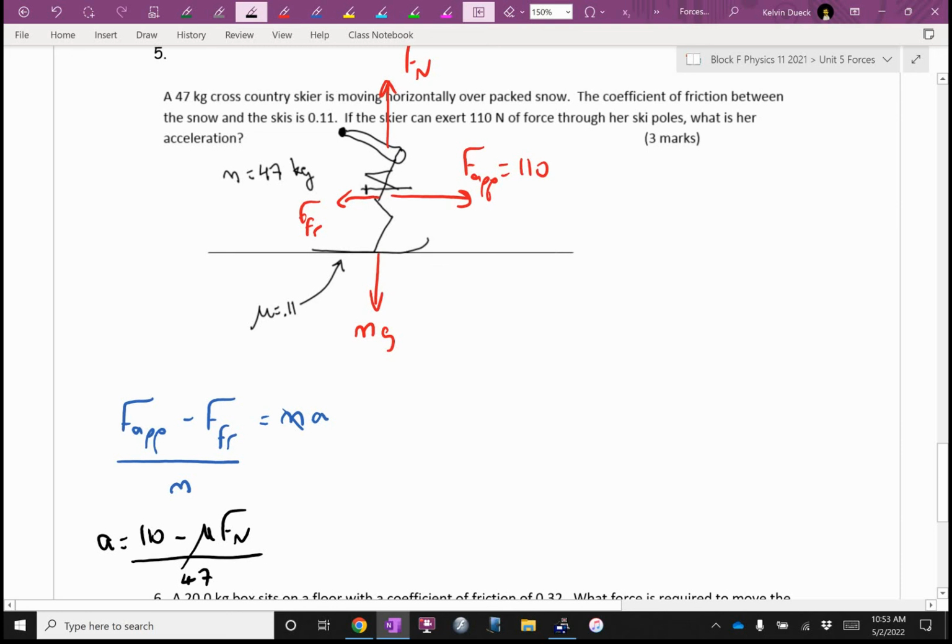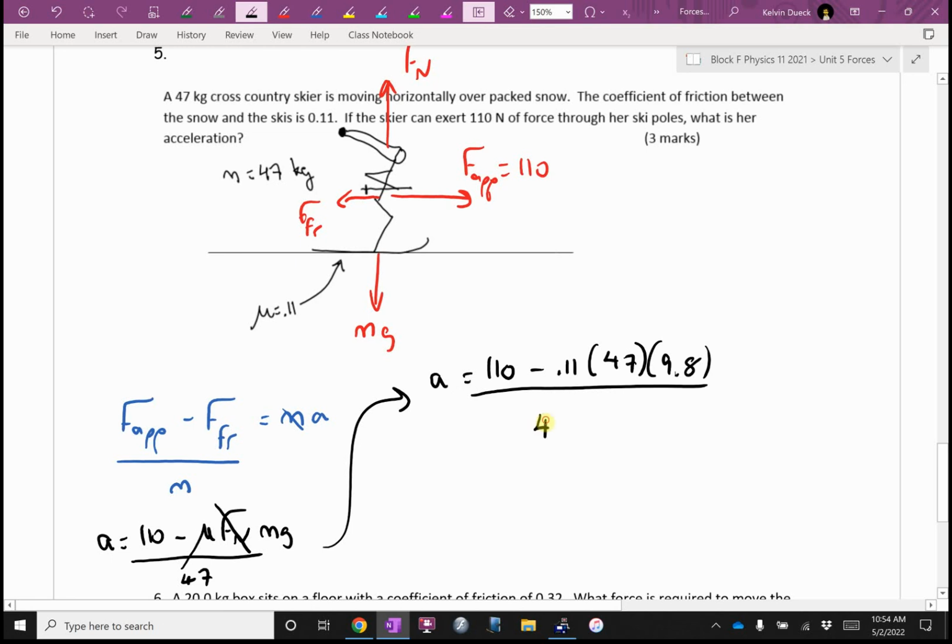I don't know the normal force. Oh, but look. I know the force is the same size as the normal force, mg. So I think I can say a equals 110 minus 0.11 times 47 times 9.8 all over 47.